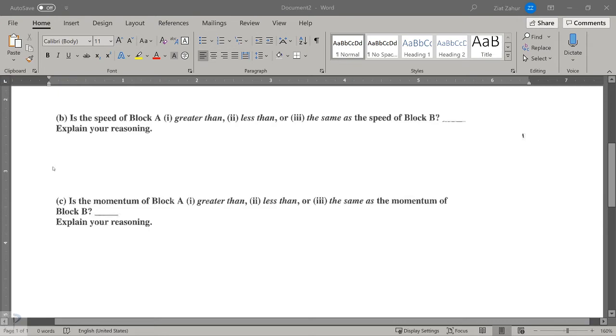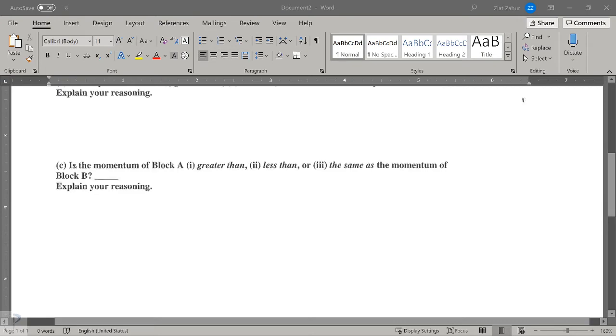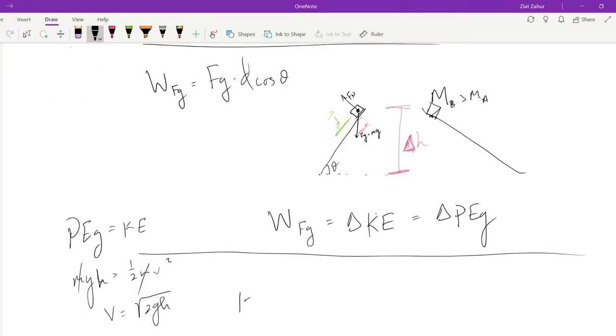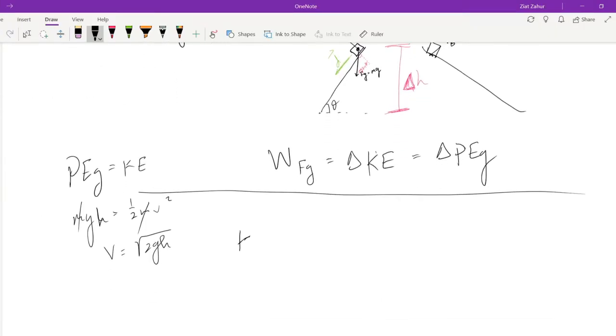Part C says, is the momentum of block A greater than, less than, or the same as momentum of B? So easy stuff, right? We concluded that kinetic energy for B is more because mass of B is bigger than mass of A. The velocity of course is the same.